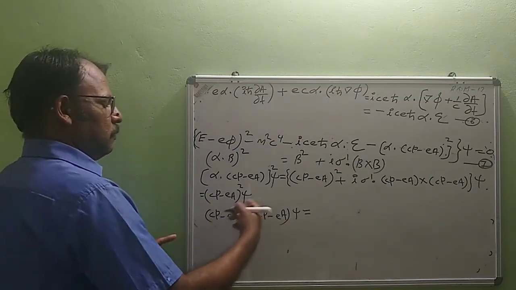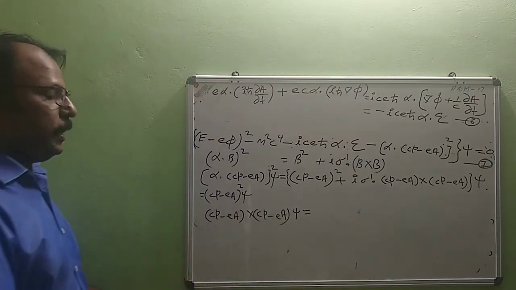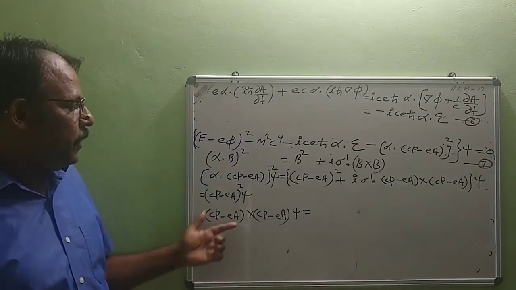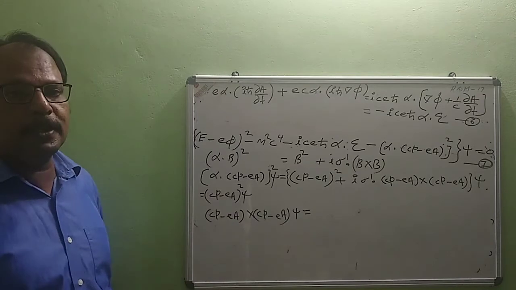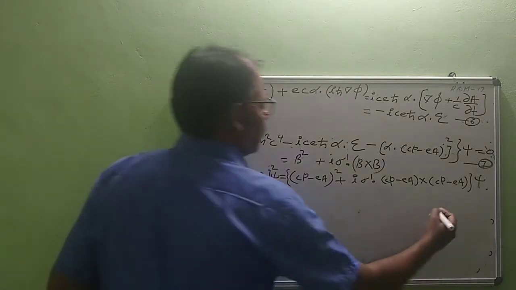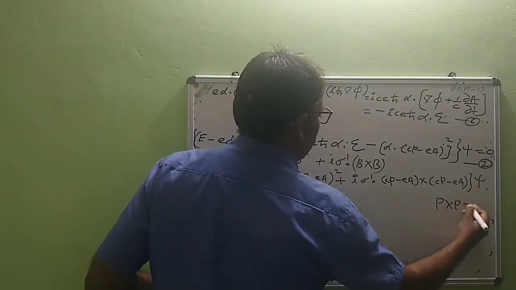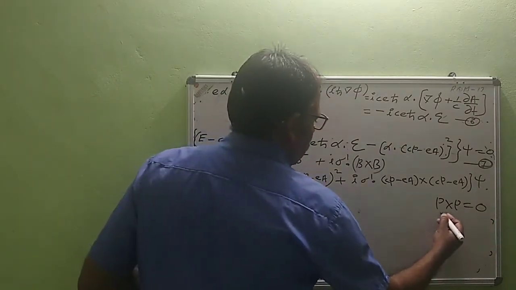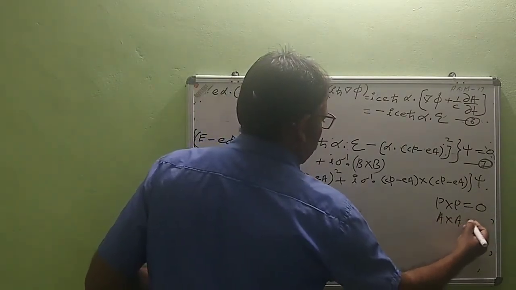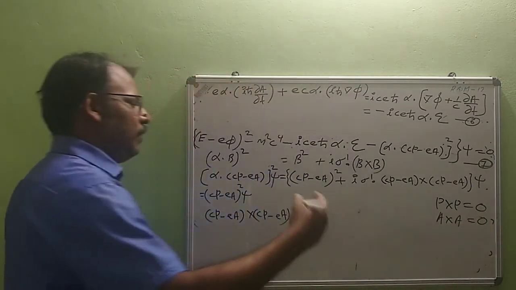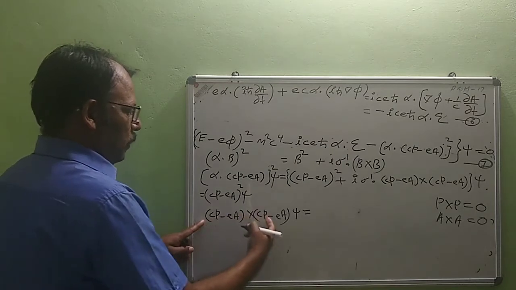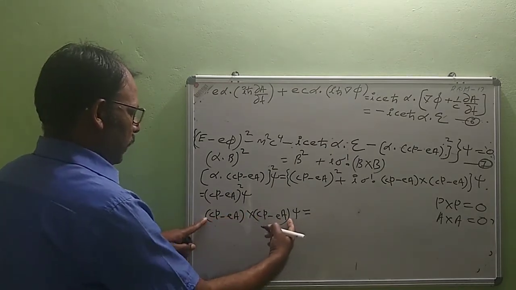C is constant, so it is P cross P. We know that Px, Py, Pz commute with each other. If the components commute with each other, we can take it as 0. So P cross P equals 0 since the components commute with each other. A cross A is equal to 0, since Ax, Ay and Az commute with each other.